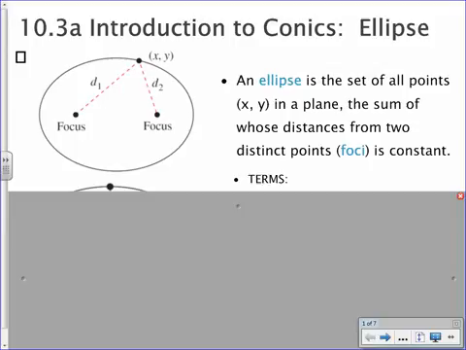So your dental floss, or these two distances, always add up to the same length. Your brads, we call those two foci. One focus, plural, two foci. All right? So go ahead and write down your definition. And if you plan on keeping your ellipse, you can label the holes in your paper as the foci.